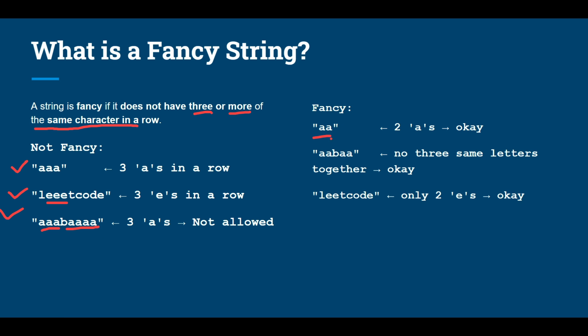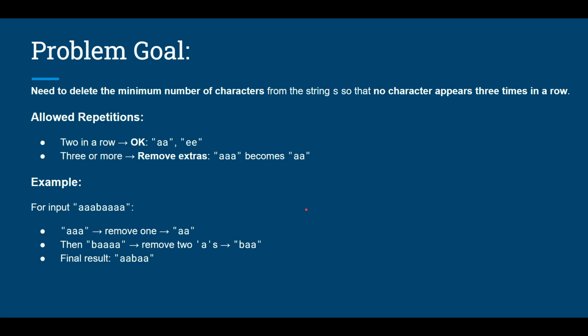If double A is there, meaning two characters, it is okay. Two characters before and two after, no three letters should be consecutive, so it's also okay. This is also okay. If you take Leetcode, there are only two E, and the last one doesn't matter since it is not consecutive. So these are fancy strings.